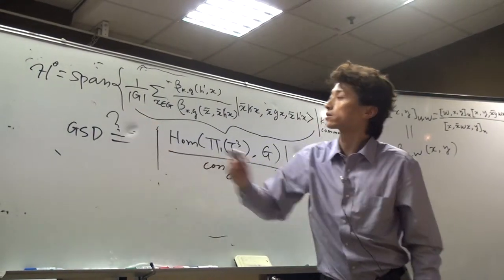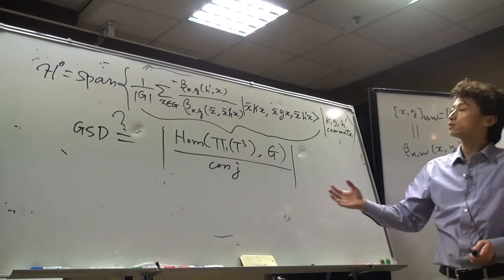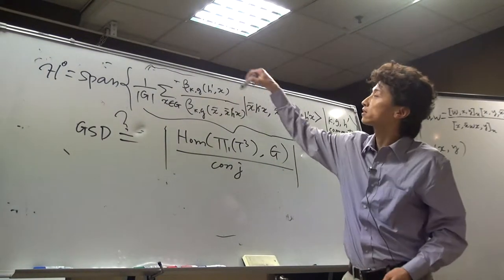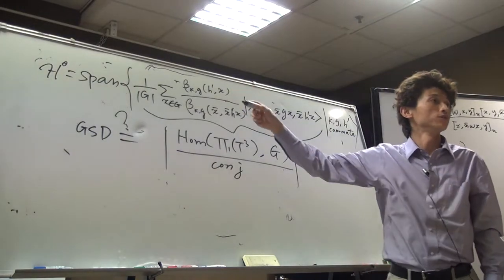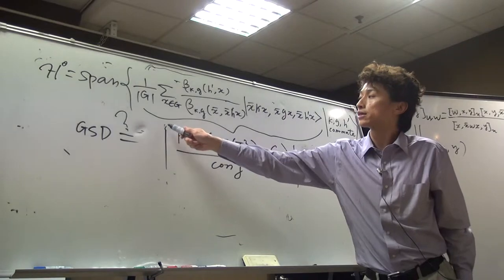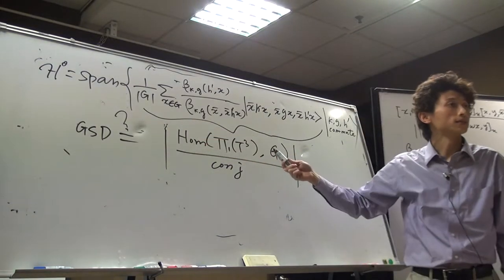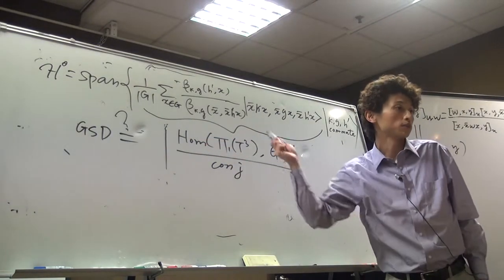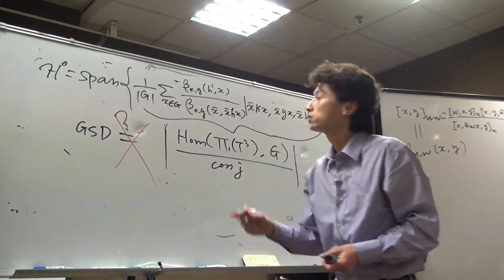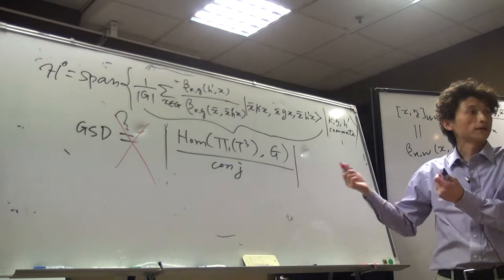And is this correct? Certainly this is not correct, because there's overcounting because of this prefactor here. This prefactor may vanish for certain choices. So there are actually fewer ground states than this possible answer. So this is wrong. But in certain cases, it can go back to this.